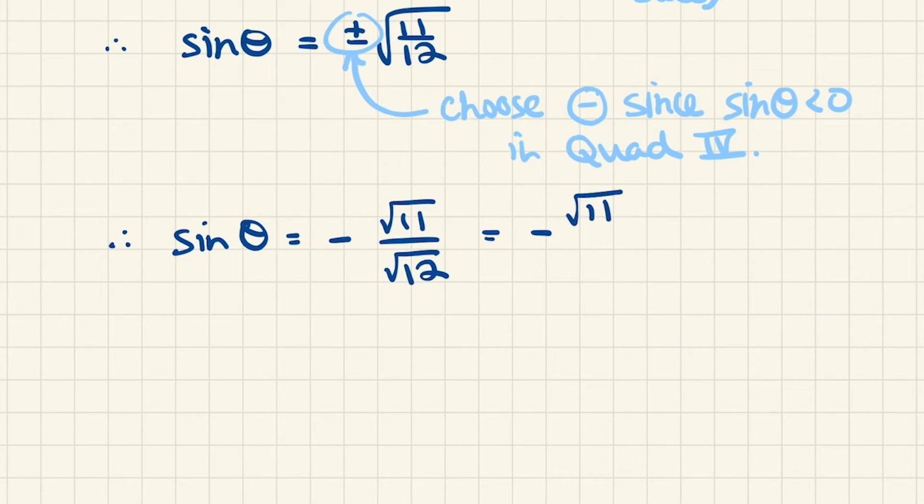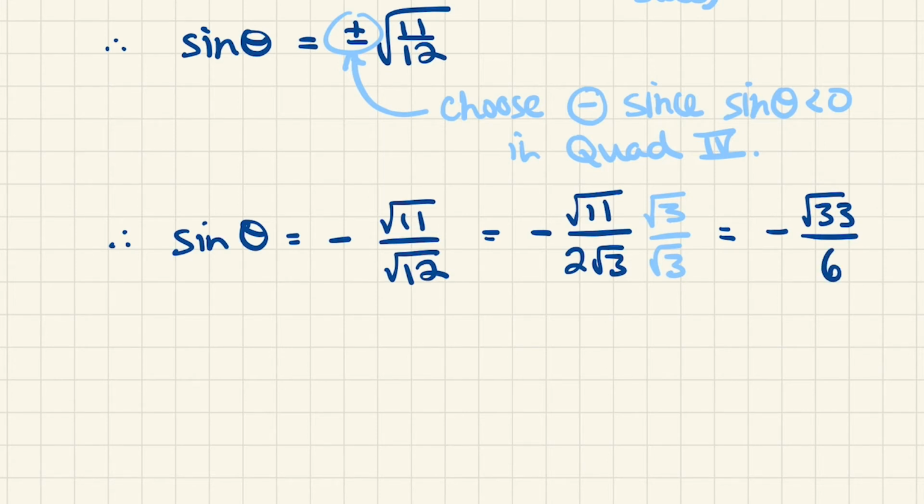And rad 12 reduces as a radical to 2 rad 3. And this rationalizes. So rad 11 times rad 3 is rad 33, and the denominator will be 2 times 3, which is 6. So our conclusion is that sine of theta is negative rad 33 over 6.